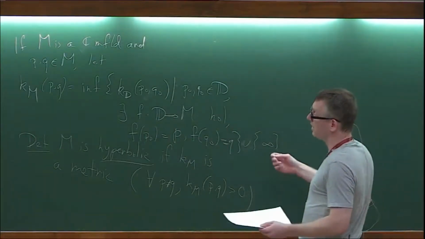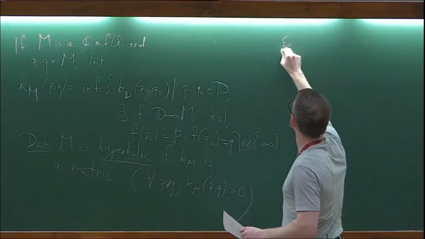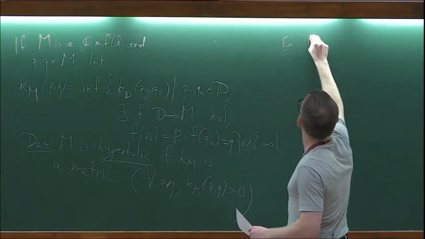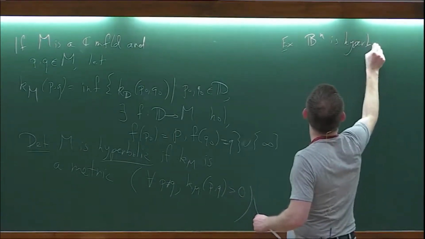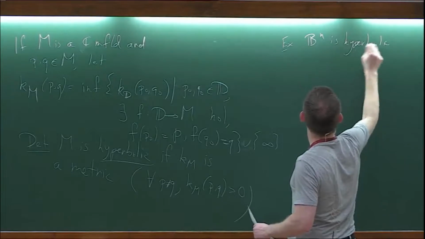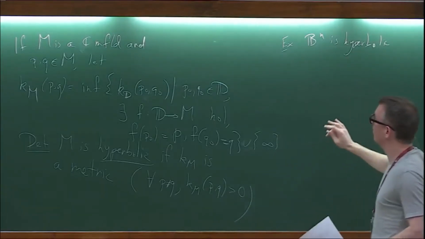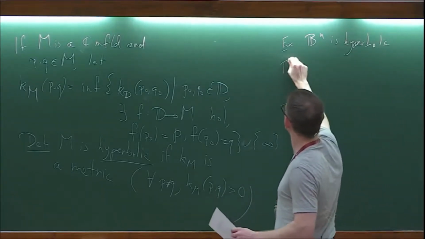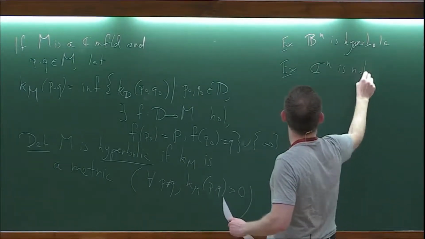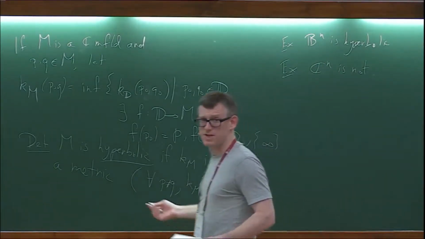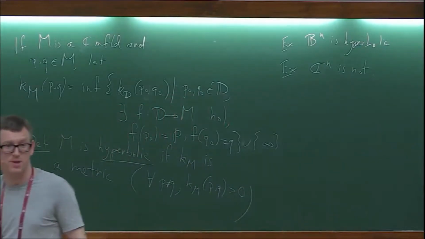So, for example, I won't prove it, but the ball is hyperbolic. That's not hard to see. It projects to various disks, so it's basically the Schwarz lemma. And Cn is not hyperbolic. Why? Because it has dilations, and so it doesn't preserve any metric.